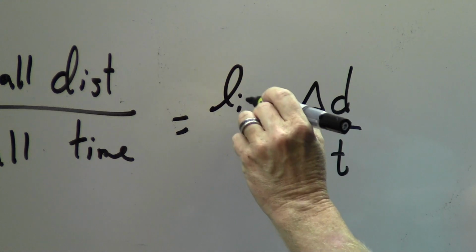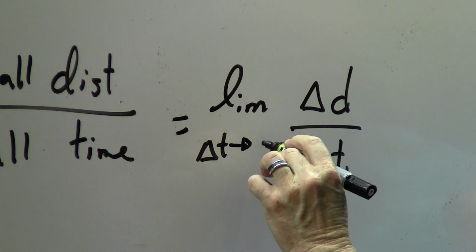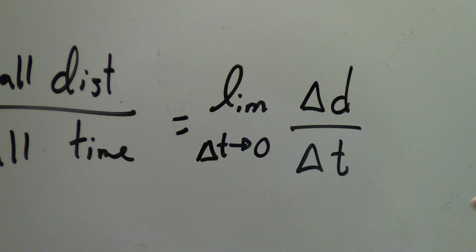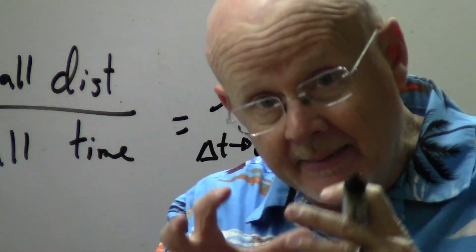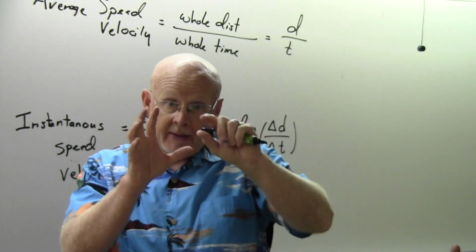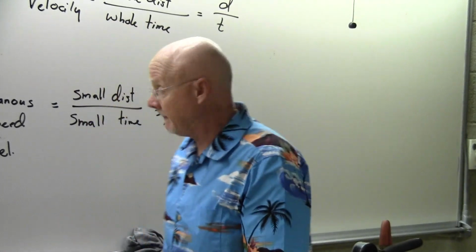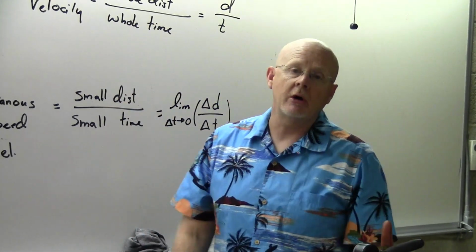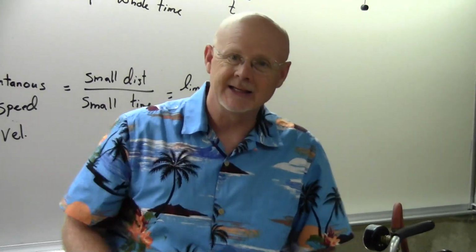And for some of you who are more advanced, this would be a small change in distance moved over a small amount of time, and as the limit as that time gets smaller and smaller, and so a small amount of time really would be just the time for that drive shaft to go around one time, then we would get what we would call the instantaneous. What are you doing at that instant?